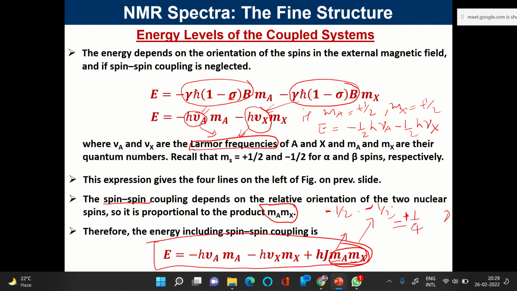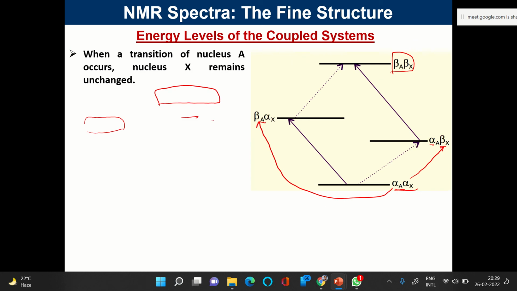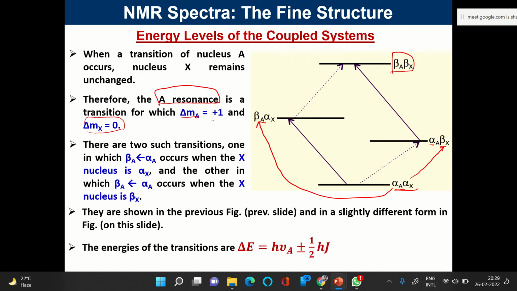So the difference of energy between two states you can easily calculate, and this energy is for the change of A. A can change, it can be plus half or minus half, h mu A. Individually each of the states was changing by plus half 1 by 4 hJ, and the two lines, the transition lines, the signals, will differ by plus half.